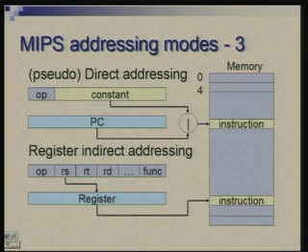The next instruction is accessed by this address. Okay. Strictly speaking, a direct address would mean that entire address is coming from the instruction directly.